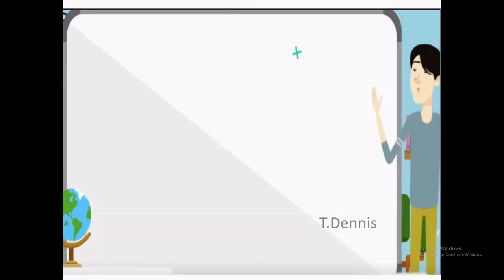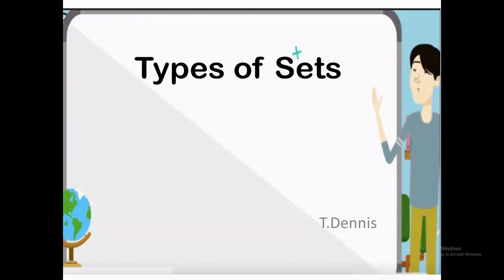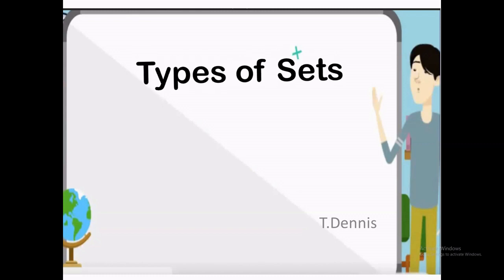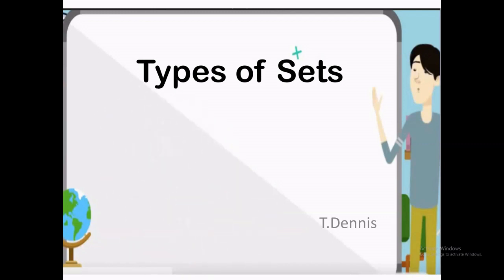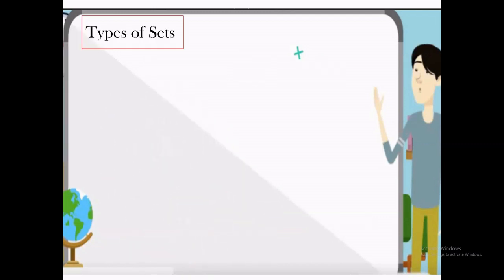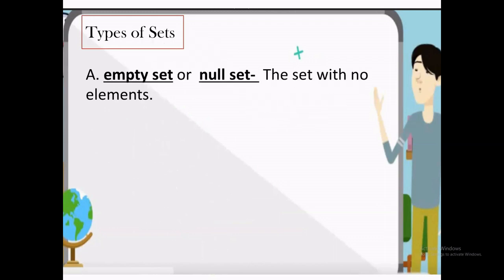Okay, today we're gonna talk about the different types of sets. The first type is an empty set, also known as the null set: the set with no elements.